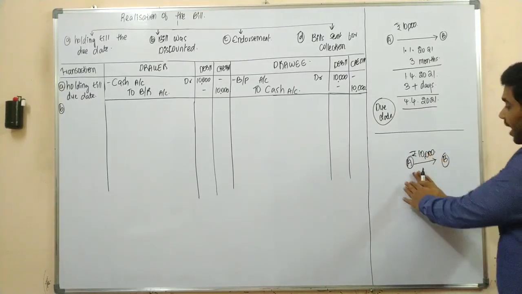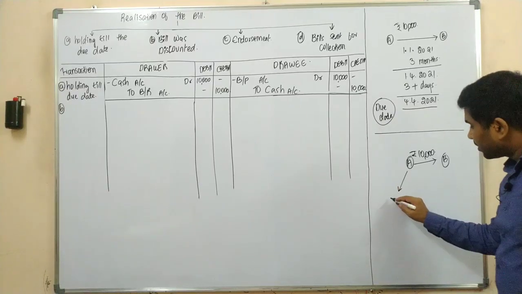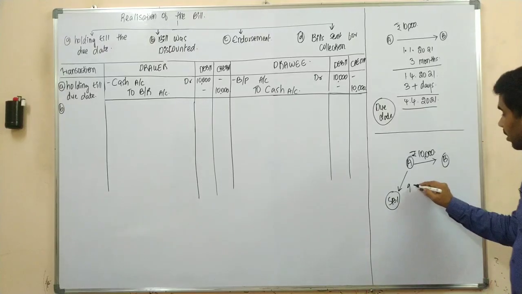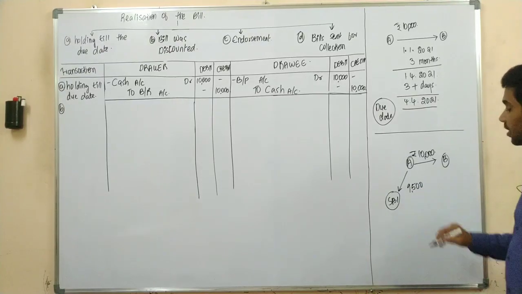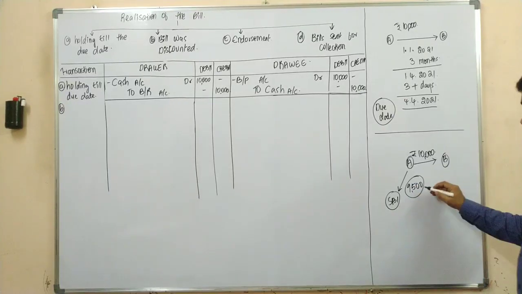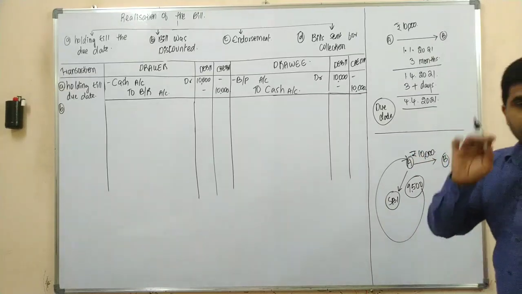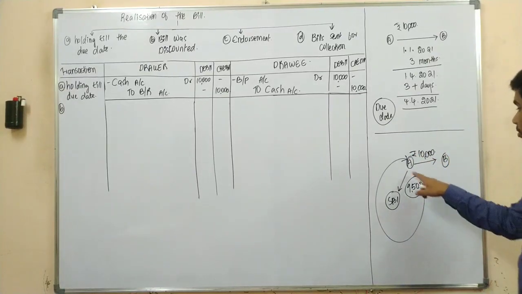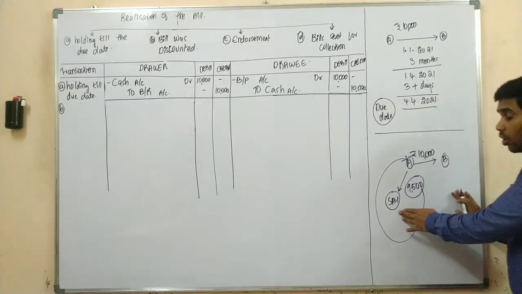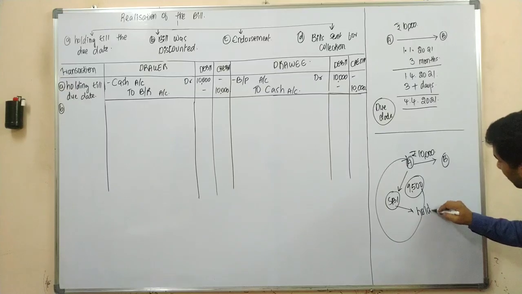So as Mr. A is in need of money, let us assume, he has discounted it with the banker for 9,500 rupees. Yes or no? So this 9,500 rupees was already received by Mr. A. That means SBI paid the amount to Mr. A already. So who is holding the bill now? SBI is holding the bill.